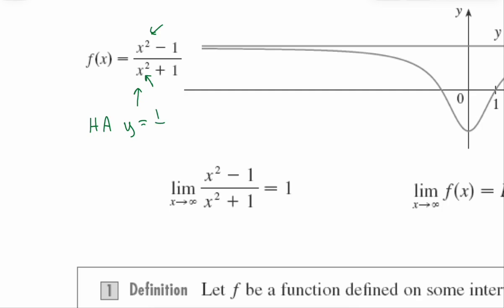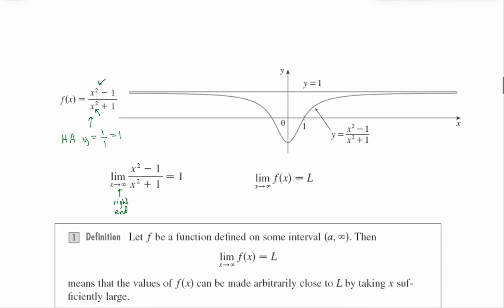So we use the coefficients that are stuck on those two terms to find out where the ends are heading. So please note this is the notation for the right side. As our x goes to infinity, where's our function heading? To 1. We can also say the limit as x approaches negative infinity of our function is also heading to 1.